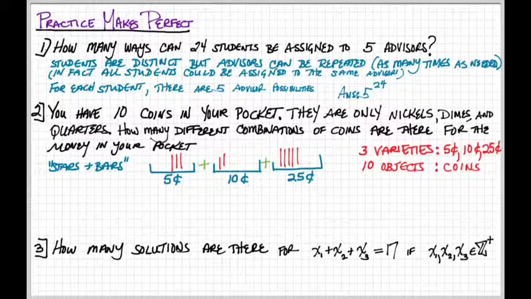So here we have 10 coins, which are representing the objects, and we have 3 varieties, which are the nickels, dimes, and quarters. So we're going to distribute the 10 ones and 2 plus signs to give us an ordered permutation with finite repetitions.